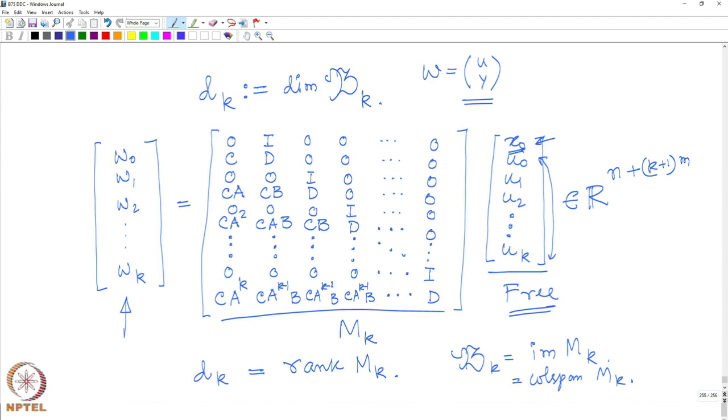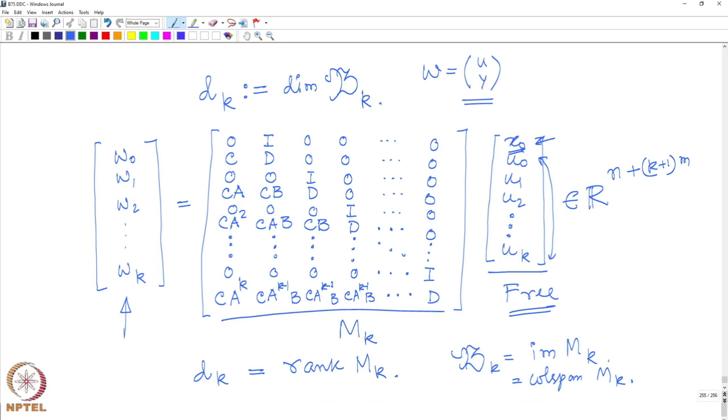How do I find the rank of this matrix? You see, I can do row operations as well to find the rank, because row rank is the same as the column rank. If I do row operations on this, of course, the column span will change, right. Row operations keep the row span intact, they do not keep the column span intact.